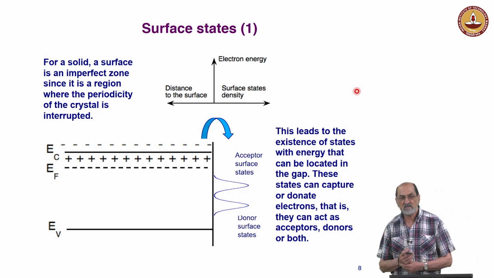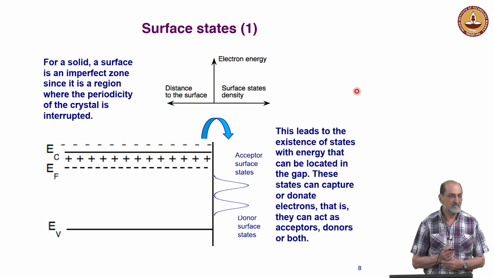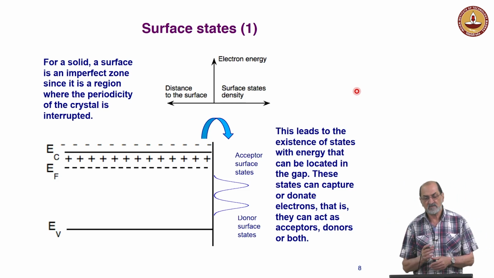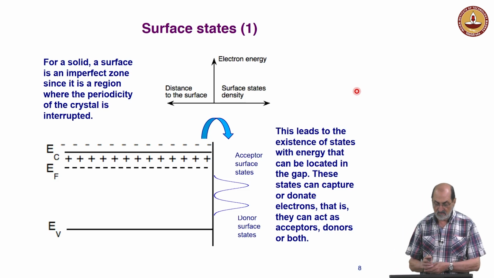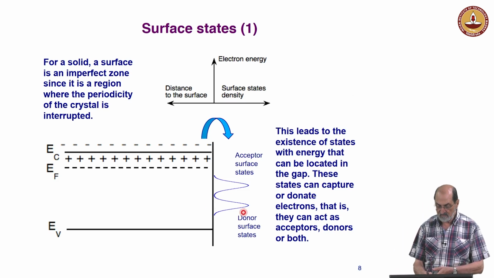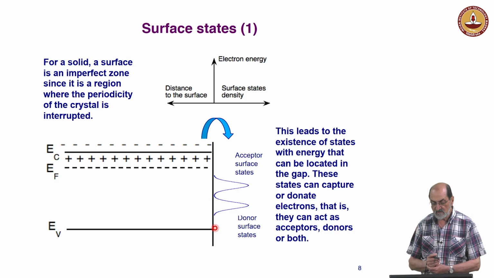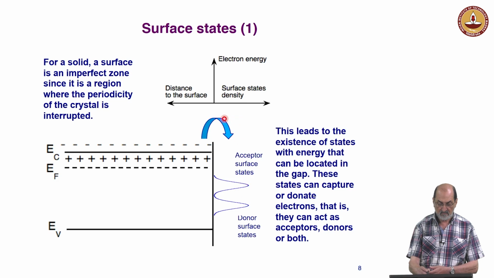And in covalent semiconductors, everybody agrees that surface states appear, that is, states which are confined to the surface. Usually one way of picturing it is like this. There are acceptor surface states and donor surface states at the surface within the gap. If these acceptor surface states were up in the conduction band, and these donor surface states were down in the valence band, it wouldn't be a problem.